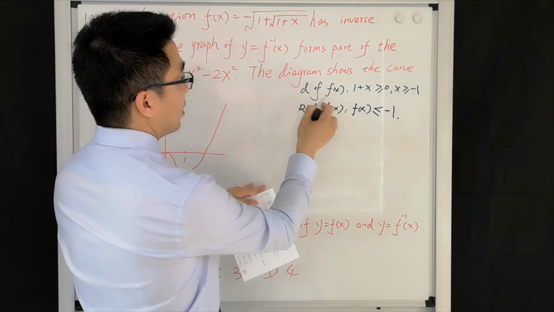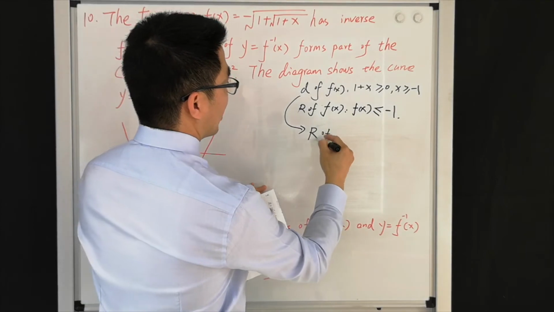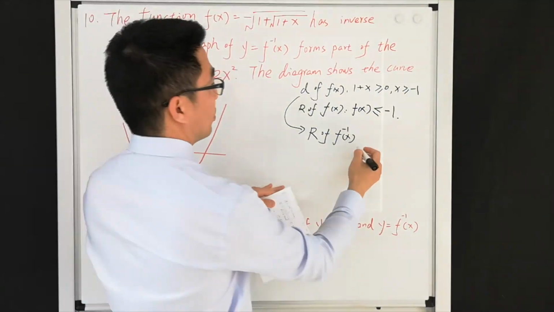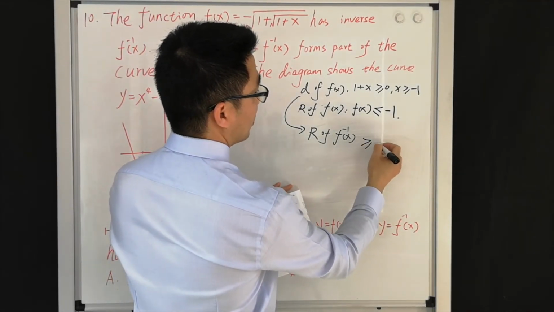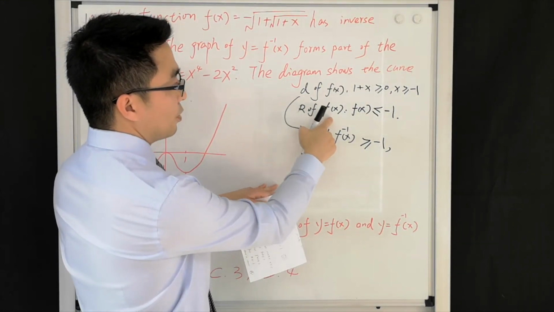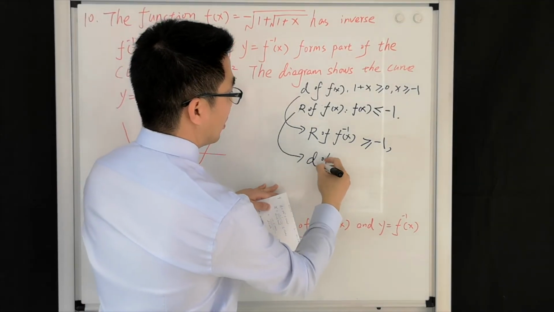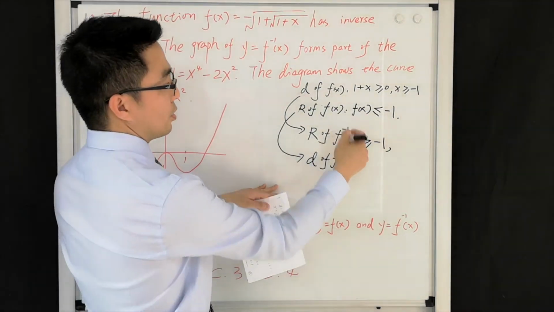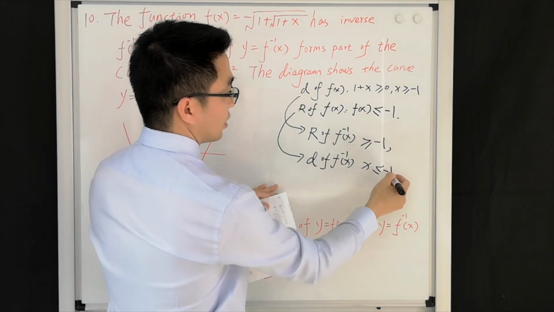And the domain of the original function is the range of the inverse function. So the range of the inverse function has to be greater than or equal to -1. And the range of the original function is the domain of the inverse function. So the domain has to be x less than or equal to -1.